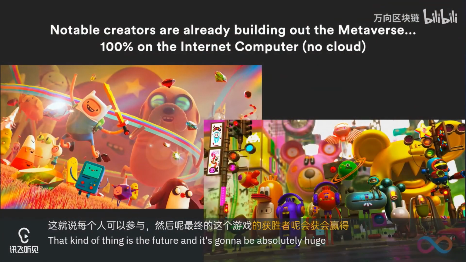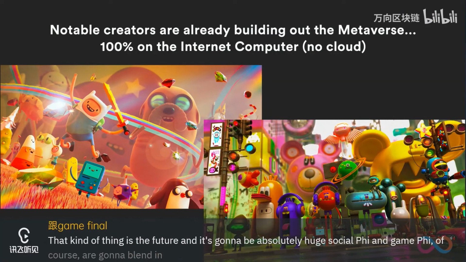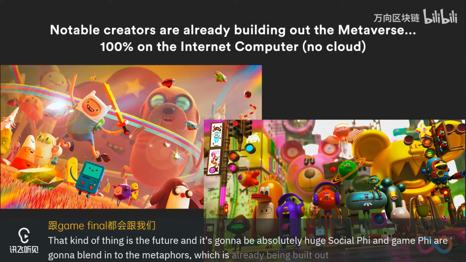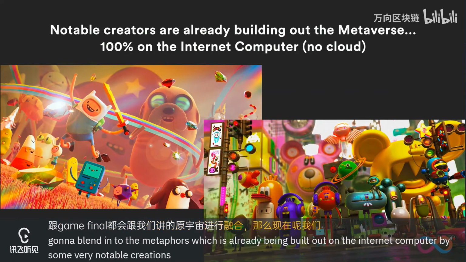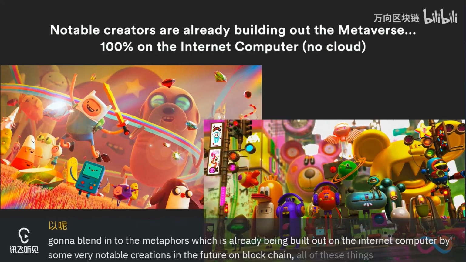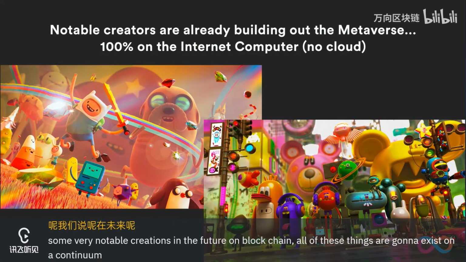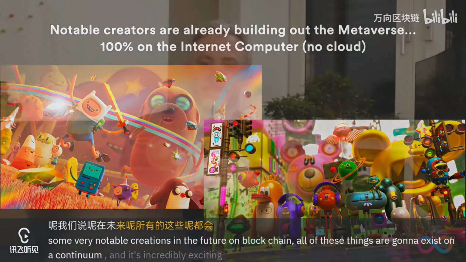SocialFi and GameFi, of course, are going to blend in to the metaverse, which is already being built out on the internet computer by some very notable creators. In the future, on blockchain, all of these things are going to exist on a continuum, and it's incredibly exciting to see how all this unfolds.